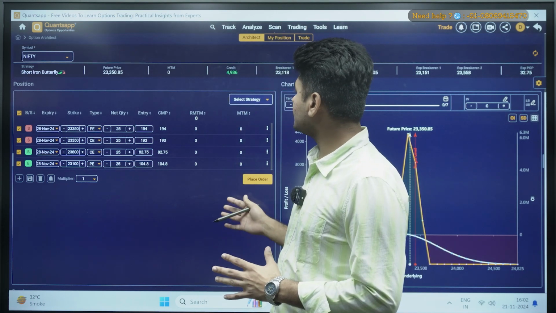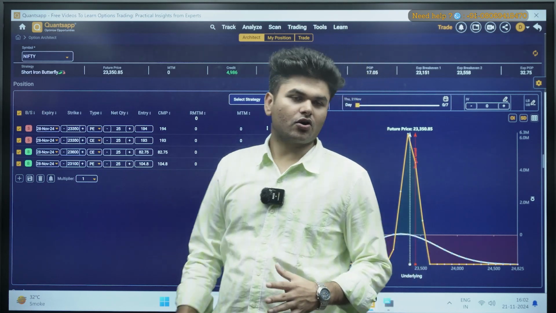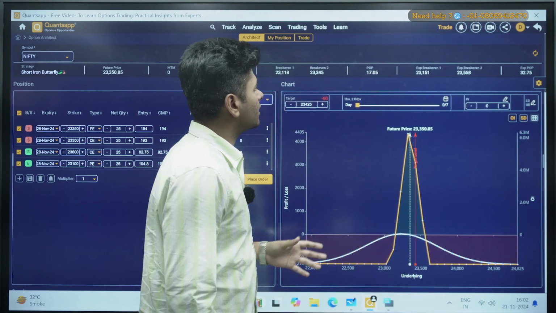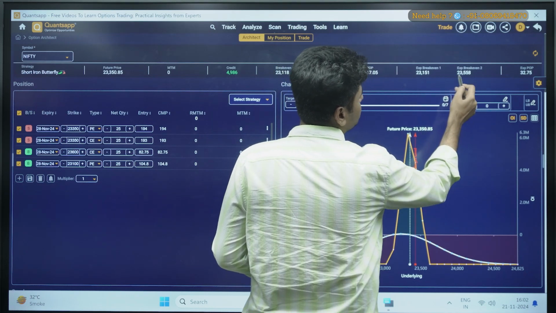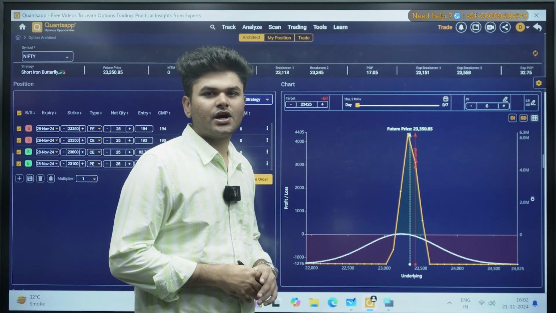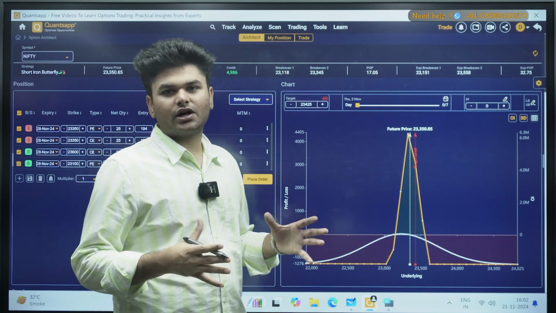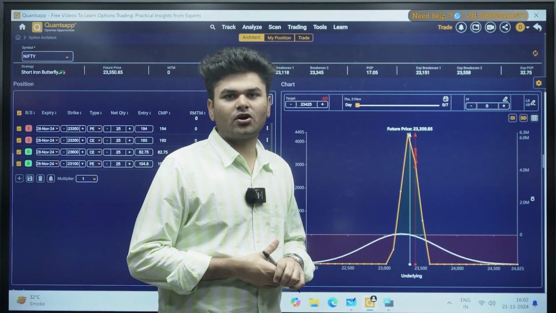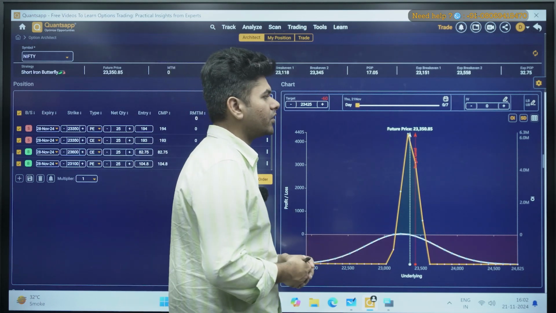As you can see, this strategy is a credit of 4,900. The break even also has a good range, almost 400 to 500 points. Generally Nifty tends to go in this range only. If you are not expecting a big momentum, Nifty can go in this range of 500 points.